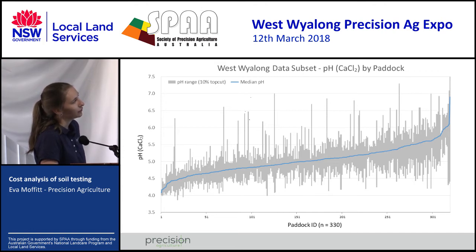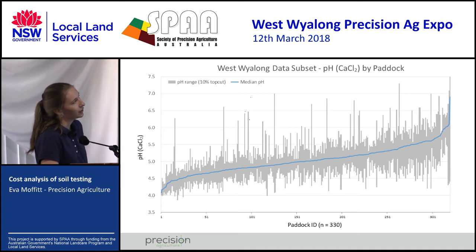On the y-axis, we've got pH in calcium chloride. What I've done is sort all those paddocks by mean pH, lined up in a row by their average pH. Over on the left, we've got our most acid paddocks. Over on the right, our most alkaline paddocks.